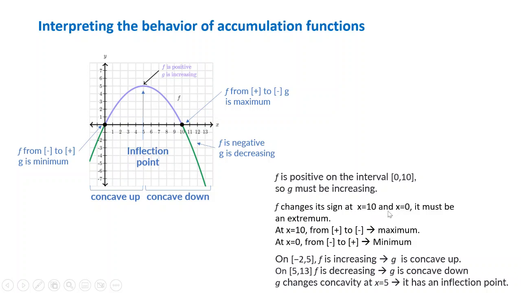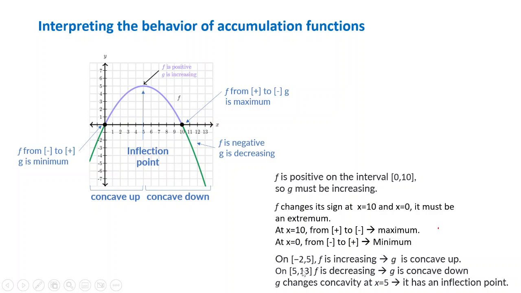At 10 it's from positive to negative. This is wrong, this is supposed to be minimum. And then at x equal 0, that's correct. So that is actually a maximum at x equal 10, and at x equal 0 it goes from negative to positive, so it must be a minimum.